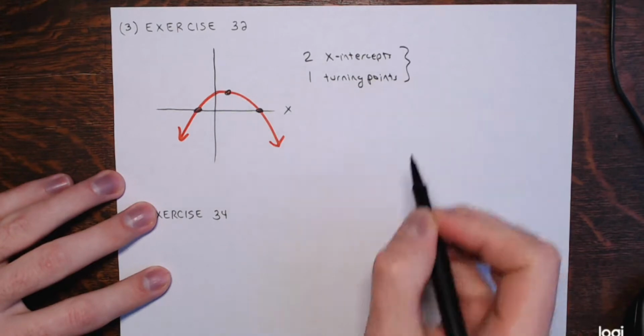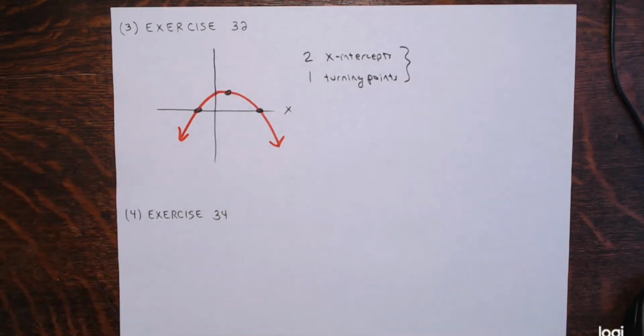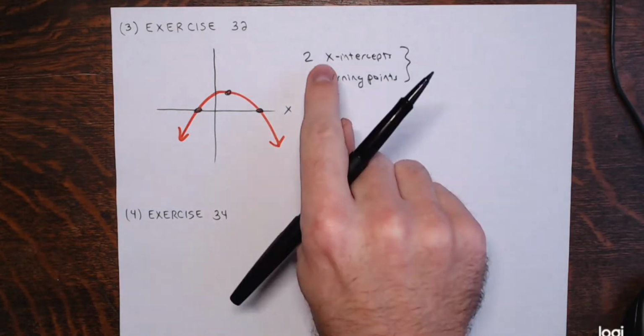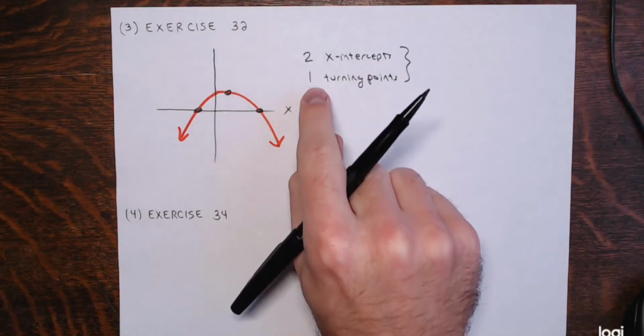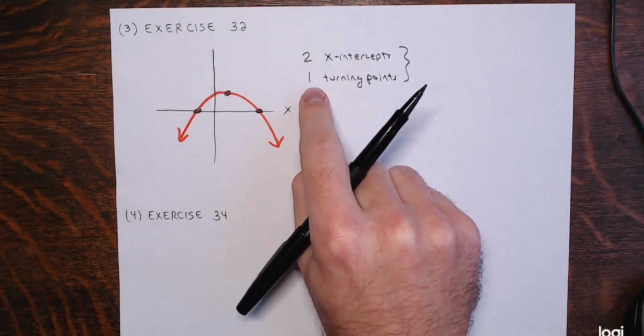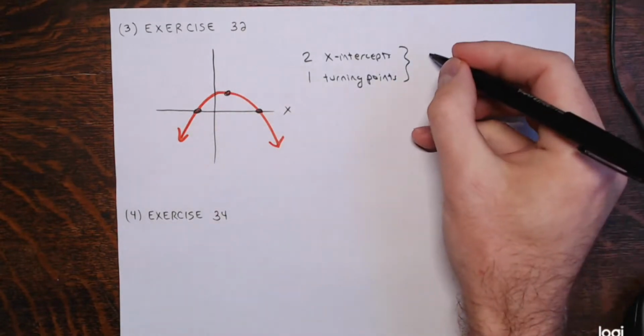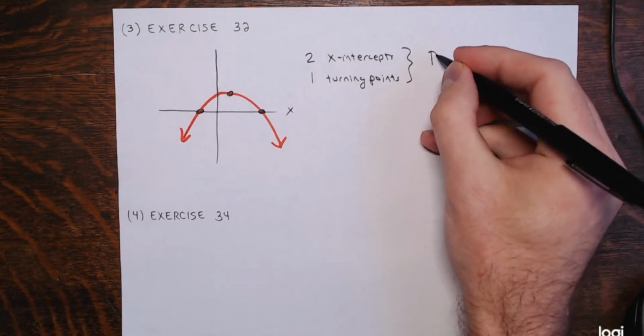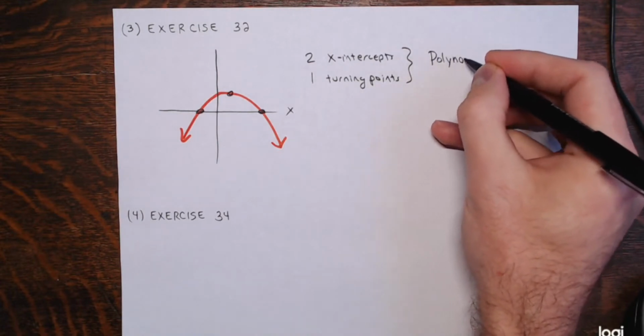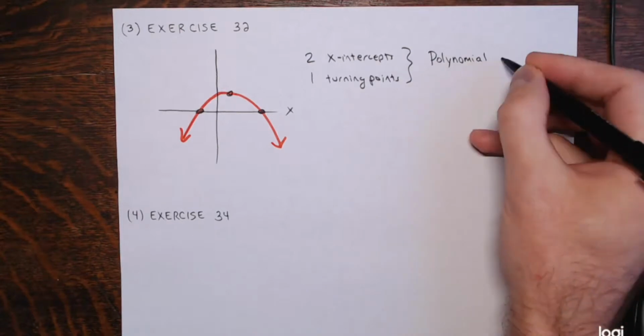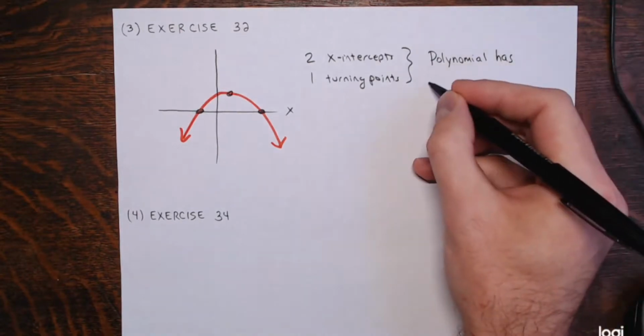All right, so the smallest degree this polynomial could be is 2. Right? A degree 2 polynomial has at most 2 x-intercepts and at most one turning point. Right. So this polynomial has degree 2 or greater.